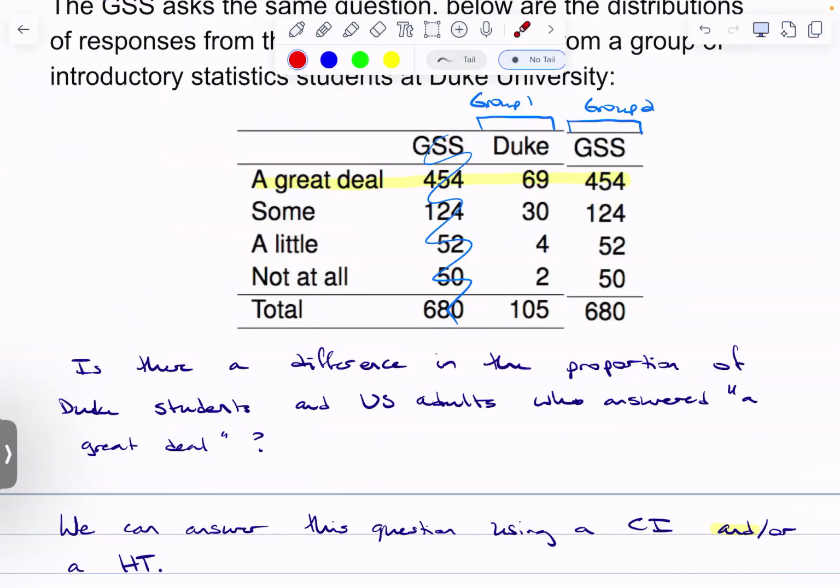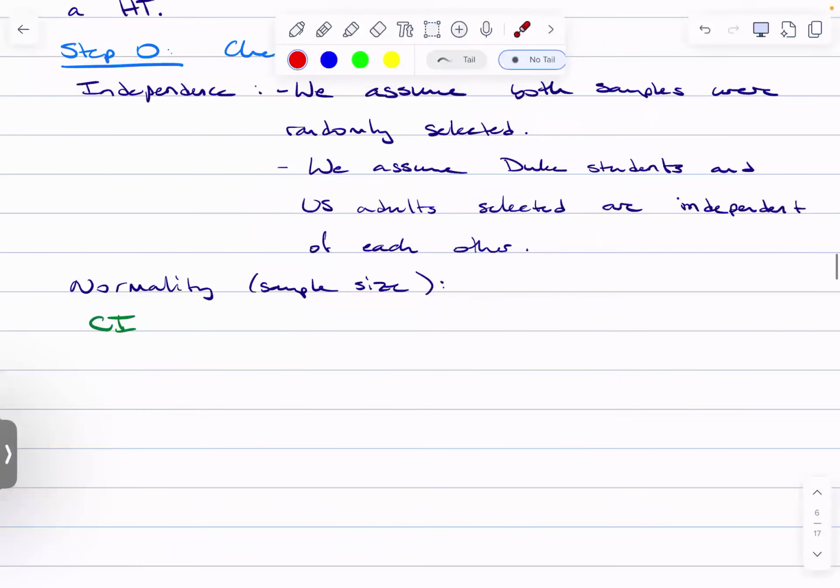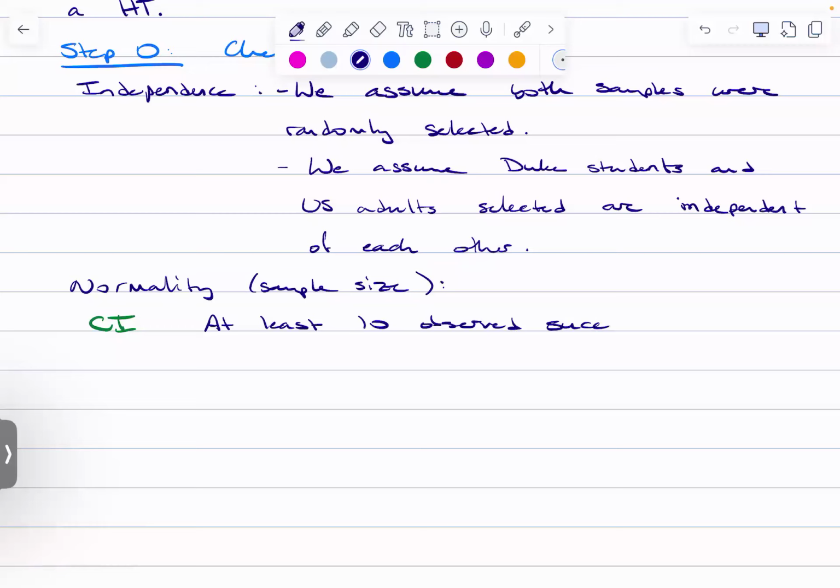I lump all these some, a little, not at all into failures, or 105 minus 69 would get us there as well. And so we need at least 10 observed successes in each group.